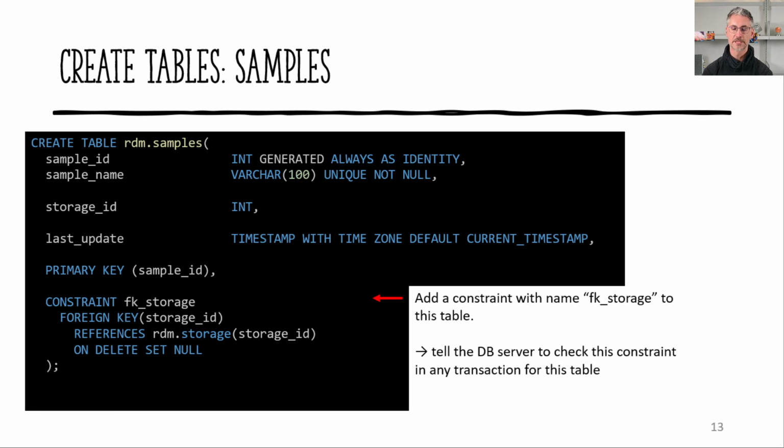And then we also need to specify what happens if we, for example, delete the storage locations, because then we would have undefined values in our samples. We say if this other table is deleted, we set the values to null here. We could also tell the database if one table is deleted, delete all other tables, and so on.